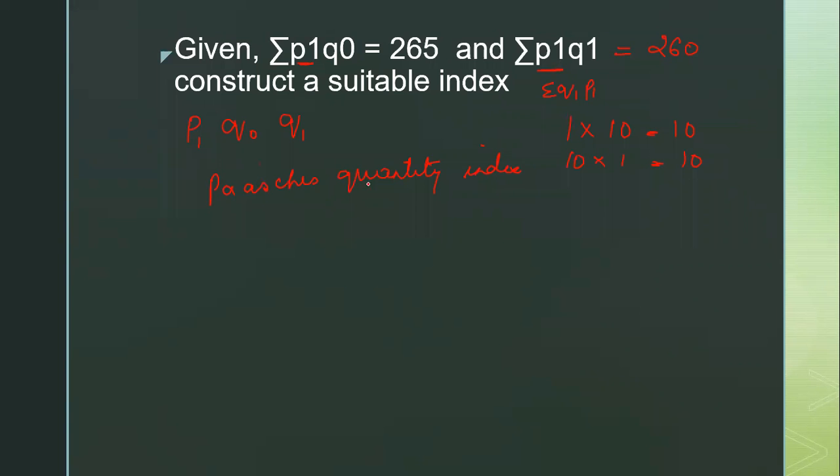Now apply the Paasche formula, that is summation Q1 P1 divided by summation Q0 P1 into 100. Where is Q1 P1? Q1 P1 is 260, divided by Q0 P1. The value of Q0 P1 is 265, into 100.